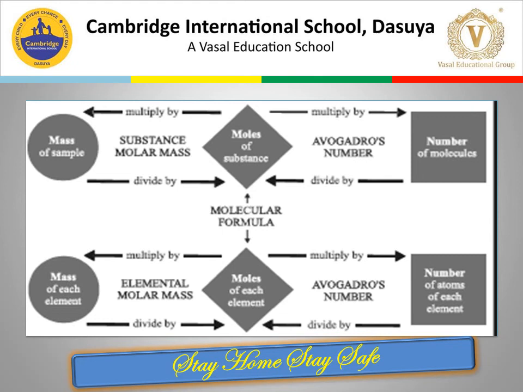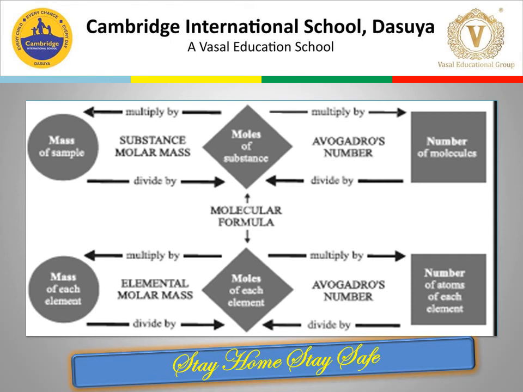Similarly, the relationship between mole of element and mass of element: if the mole of the element is multiplied by the elemental molar mass, we get the mass of the element. And if the mass of the element is divided by the molar mass, we get the mole of each element.